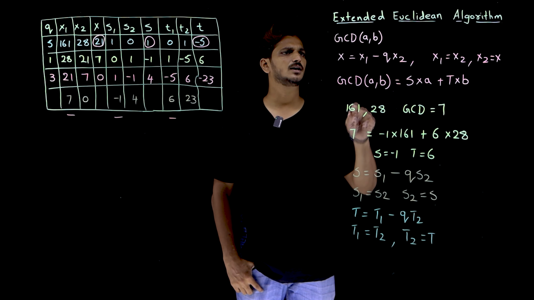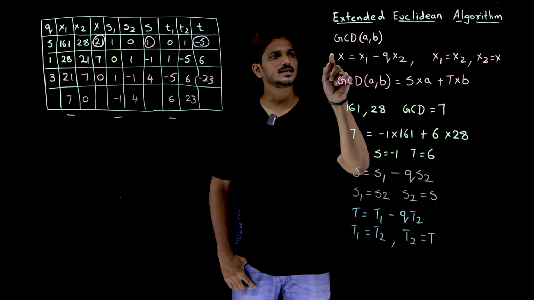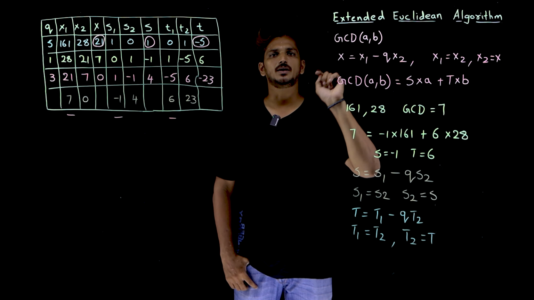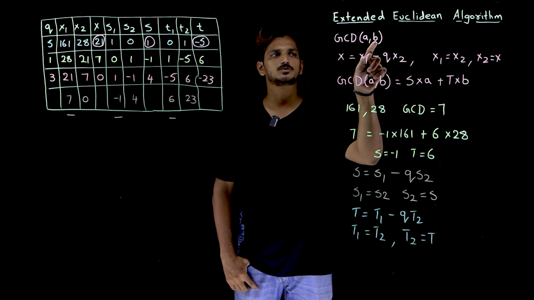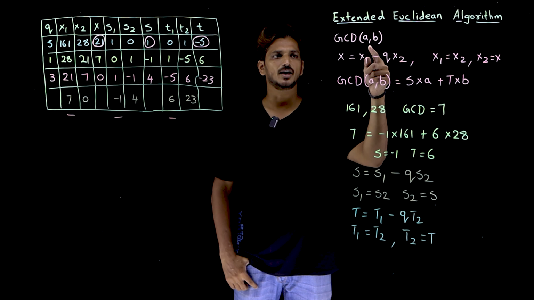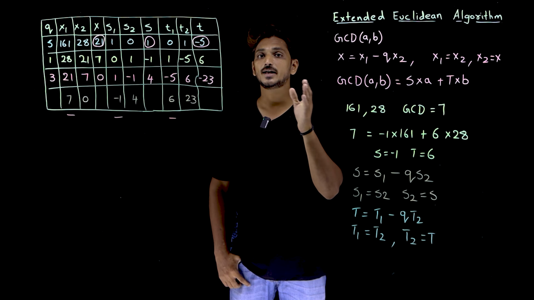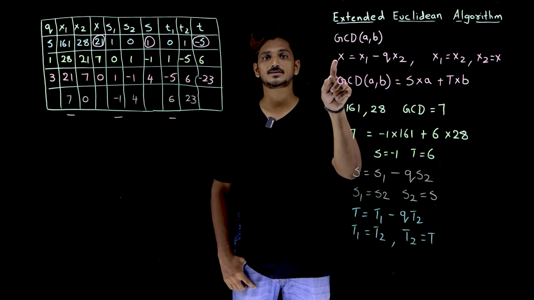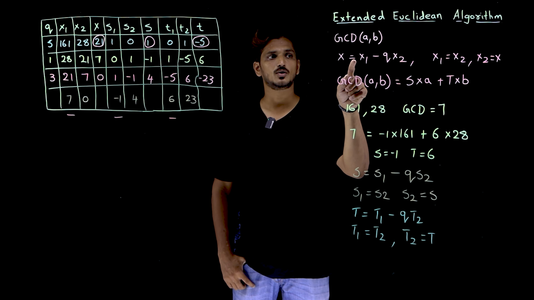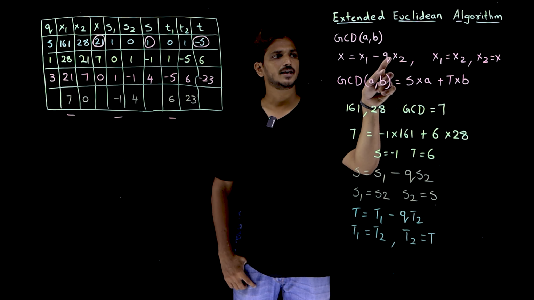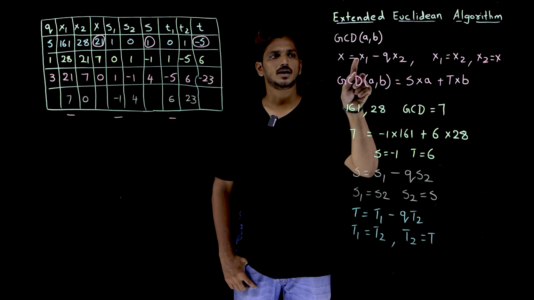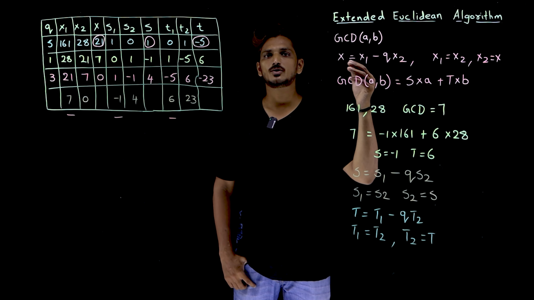Coming to today's class, in order to find the GCD of A comma B, A is the biggest value, B is the smallest value. These are the equations we used in the Euclidean algorithm. X is the remainder value. X1 means A, X2 means B. X is equal to X1 minus Q X2, where Q means quotient value.